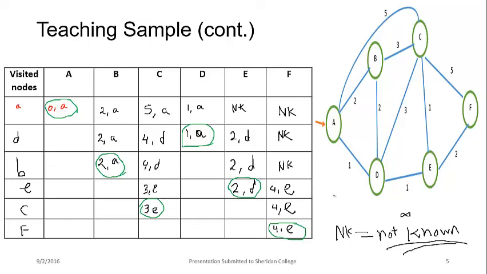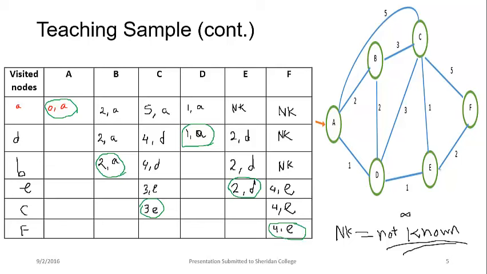So if we just check, let's say we arrive at node F by 4E. We'll check it. So 1, 2, and plus 2, that's 4E. But then we arrive at E by 2D.